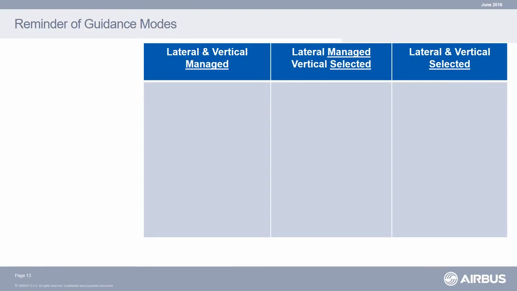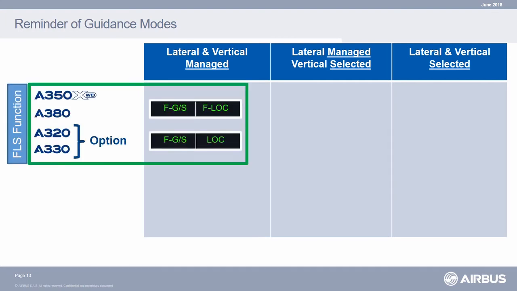We have 3 big families of guidance modes: lateral and vertical managed guidance, so full managed guidance; lateral managed and vertical selected, so we can call mixed guidance; and lateral and vertical selected guidance, full selected guidance. For full managed guidance, we have seen that we have the FLS function, FMS landing system function. With this function, the FMS builds a virtual beam and provides to the pilot an ILS lookalike interface.